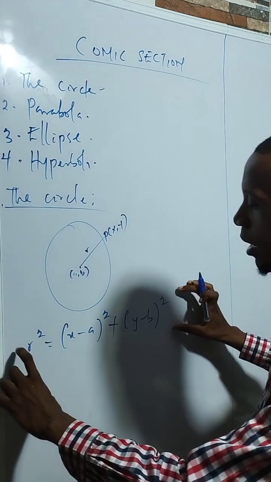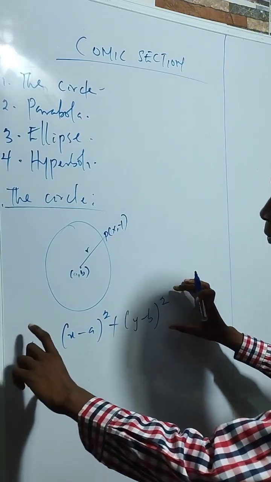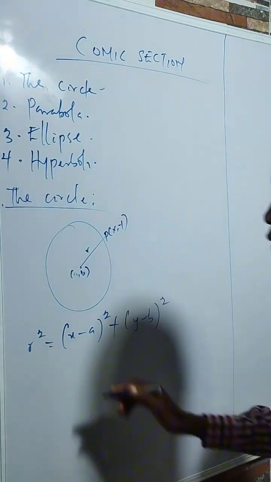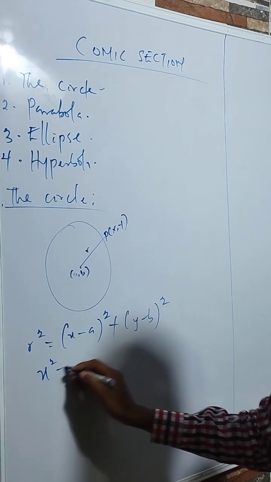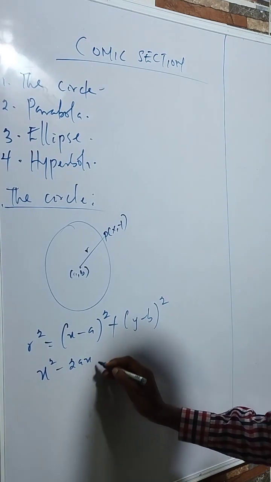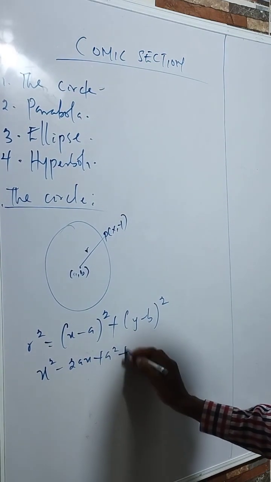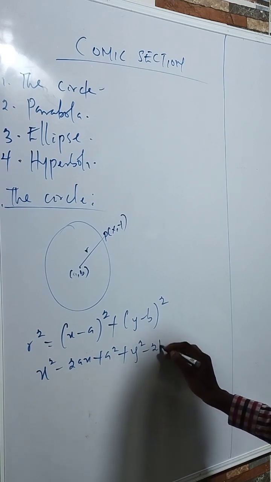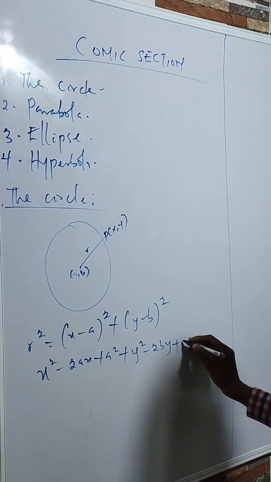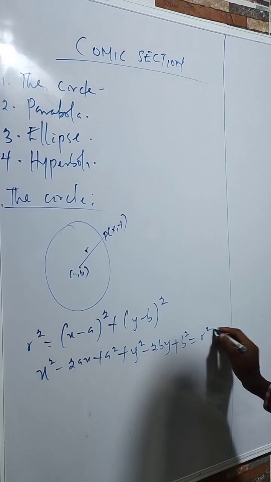It is this particular equation that is expanded to x squared minus 2ax plus a squared plus y squared minus 2by plus b squared equals r squared.